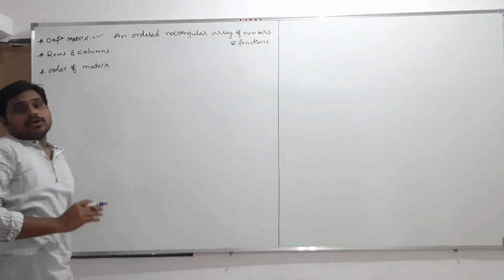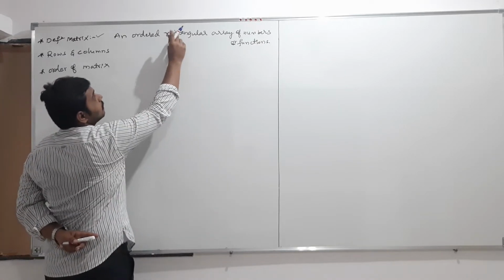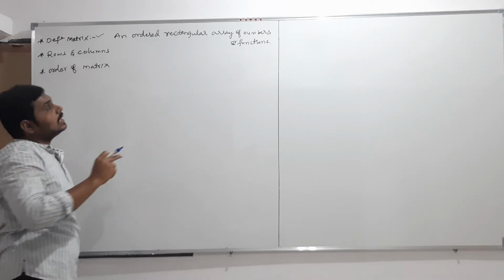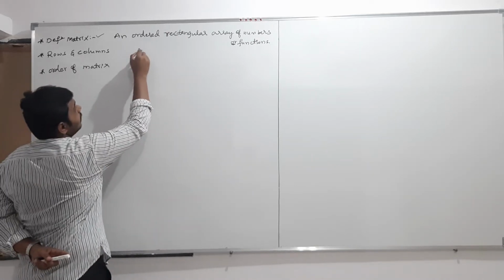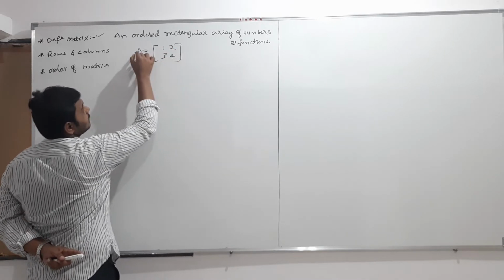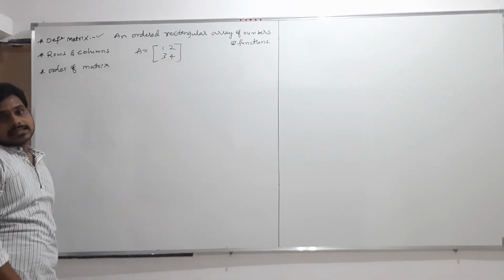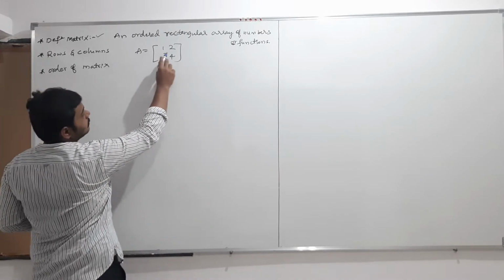A matrix is an ordered rectangular array of numbers or functions. And the matrix is generally denoted like this. I'll take one example, 1 2 3 4. A matrix is generally denoted by capital letters. It may be any capital letter. So here I am taking as an example, A is equal to 1 2 3 4.